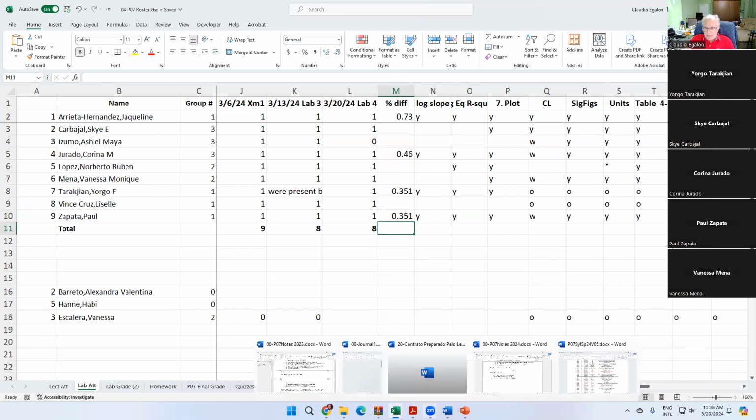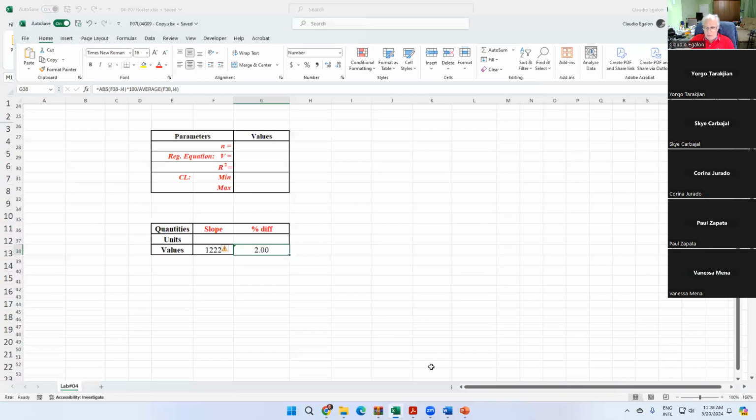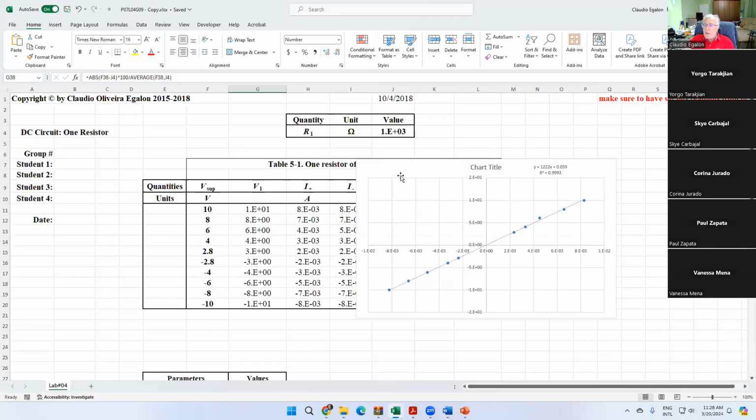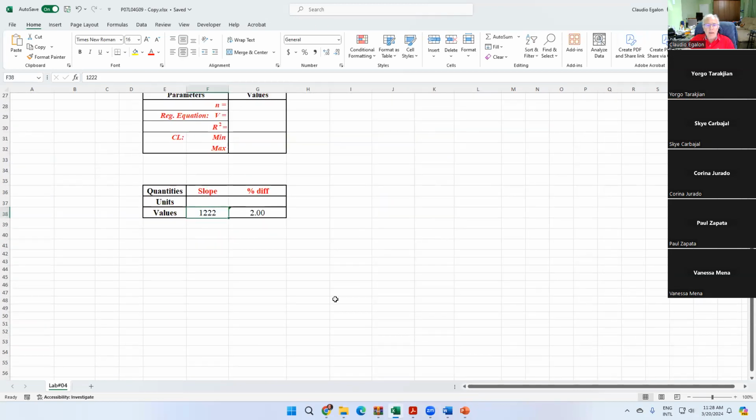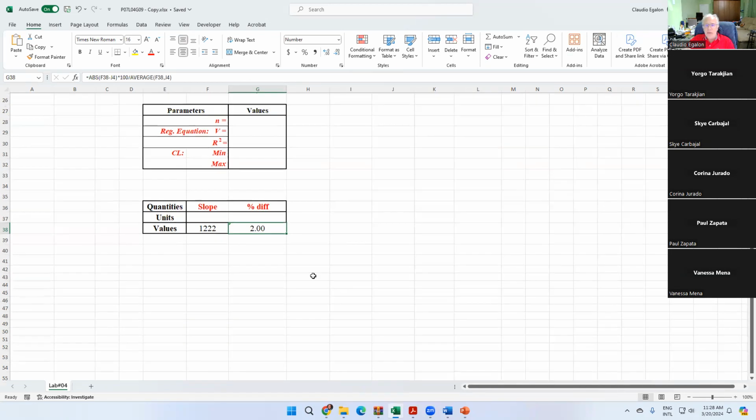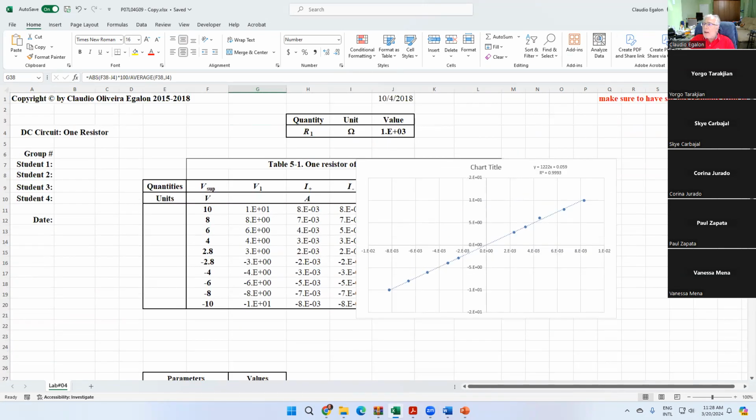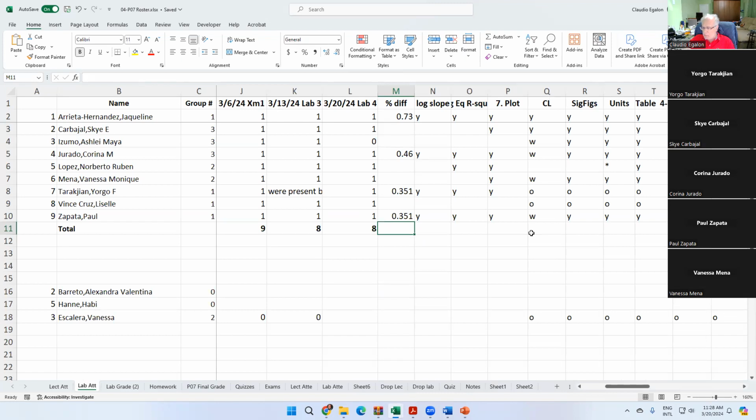Okay, so the last table, just to remind you, is this one right in here. You get the slope from this regression equation and you log it right in here. And whatever number you get here is your percentage difference.